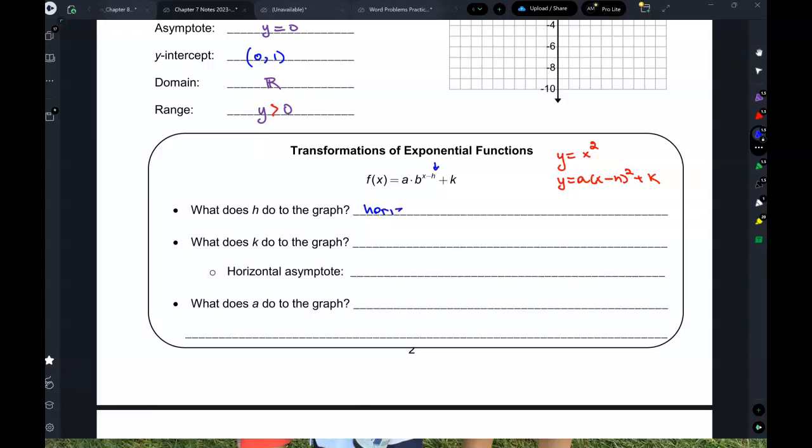It's the horizontal translation. What does k do? H shifts it left, right? What about k? Up, down. So that's the vertical translation.